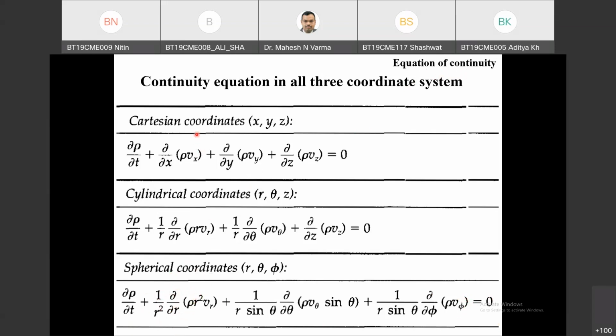Whenever we have Cartesian coordinates, we use this equation; for cylindrical, this one; and for spherical, this one.